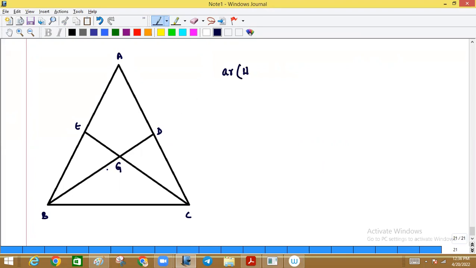Area of quadrilateral AEGD, the ratio to the area of triangle BGC is what? Can anyone tell me the ratio of these two, quadrilateral to the triangle?